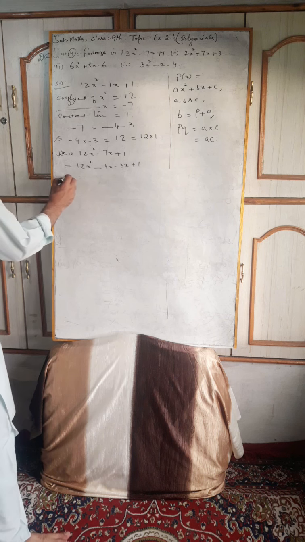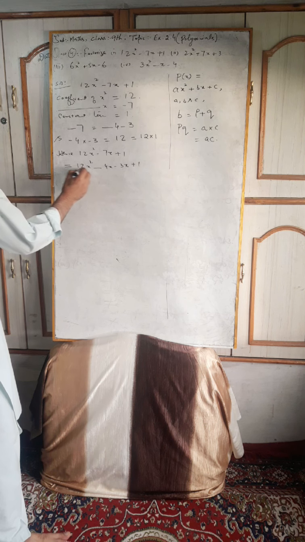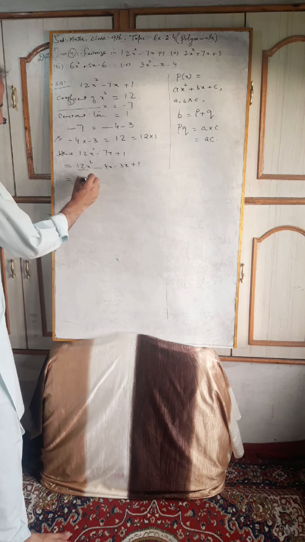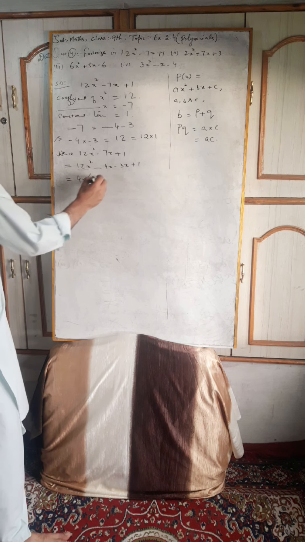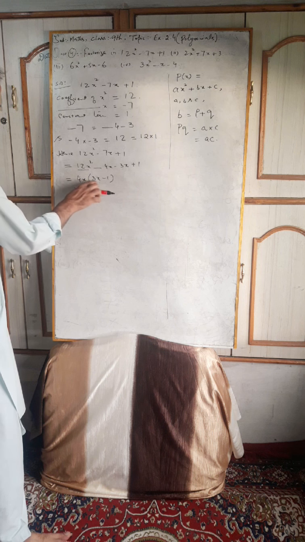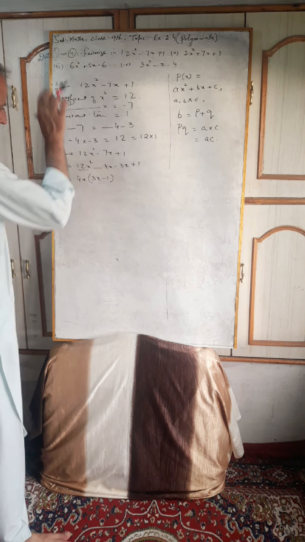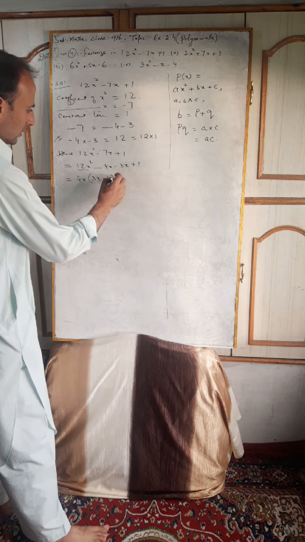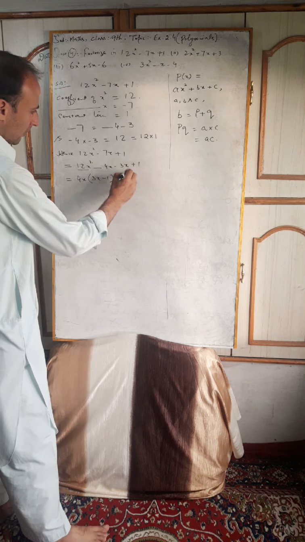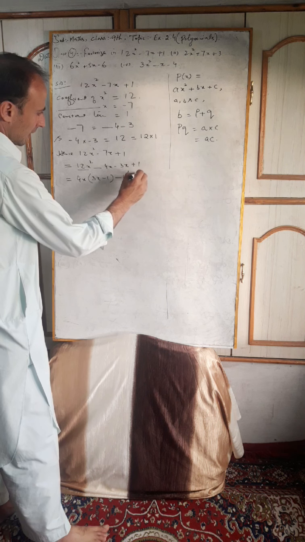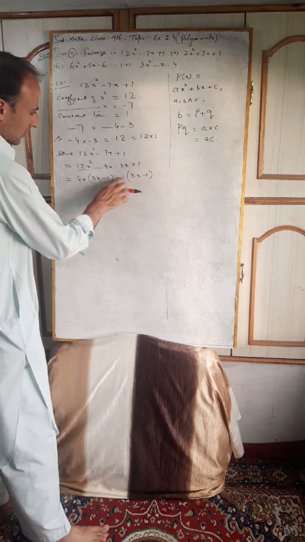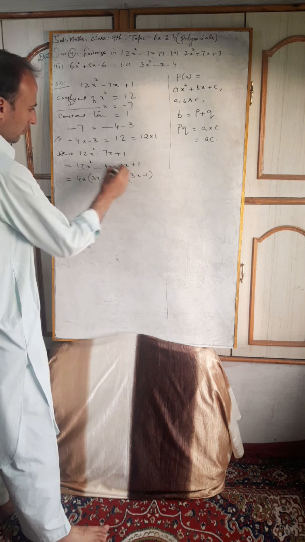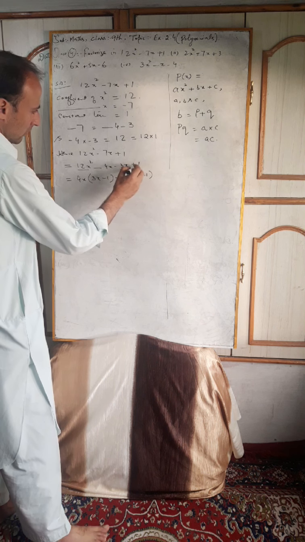and it will be equal to, we will take 4x common here, 4x into 3x minus 1, because 4x into 3x is 12x square, and 4x into minus 1 is minus 4x. Likewise here we will take out minus 1, minus 1 into 3x minus 1, because minus 1 into 3x is minus 3x, and minus 1 into minus 1 is plus 1.